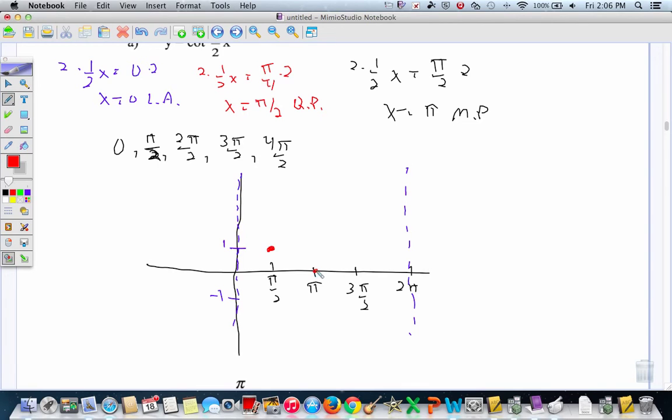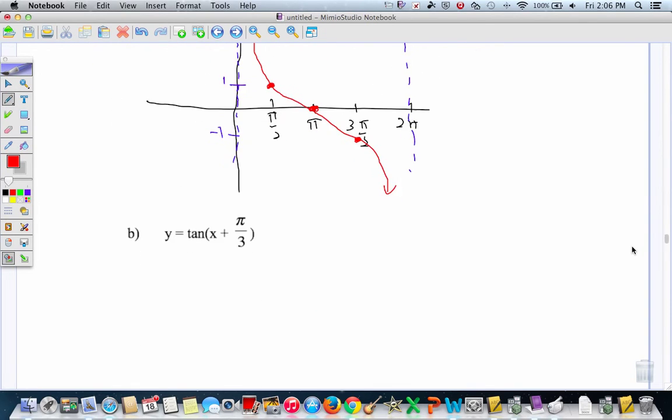I'm simply going to make a point here at our quarter point. It crosses the x-axis at a midpoint, and at -1 here. I'm going to use those three along with our asymptote lines to sketch in our cotangent curve for 1 period. And there it is, going down from left to right, amplitude of 1, crossing the x-axis at a midpoint, and our 3/4 point.